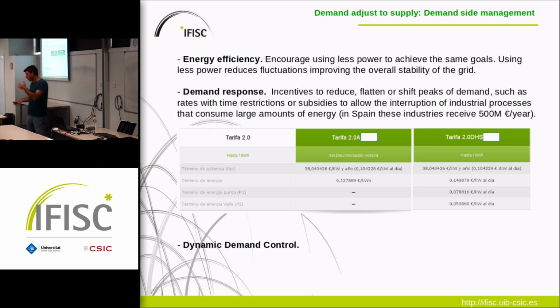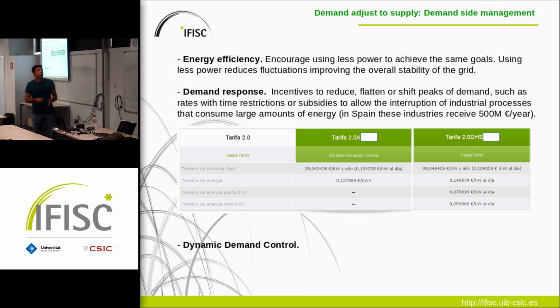There are several ways of doing that. The first, of course, is energy efficiency. If we use less, we will reduce fluctuations. Then there are programs called demand response, where you have incentives to reduce, flatten, or shift the peaks of demand. If electricity is more expensive at certain hours, you will try not to use it at those hours and use it later, so you can shift some consumption patterns.